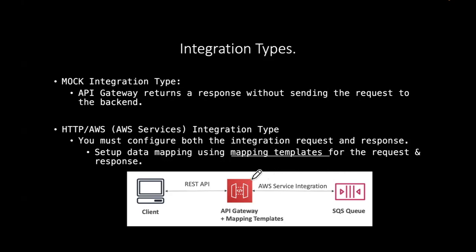In that case, what you would say in your CDK code is you would use the mock integration type. As its name suggests, that way you can send requests to your web API, but the web API will just generate a standard response. It won't proxy that request onto any backend at all. So that's kind of a default integration type for a web API.